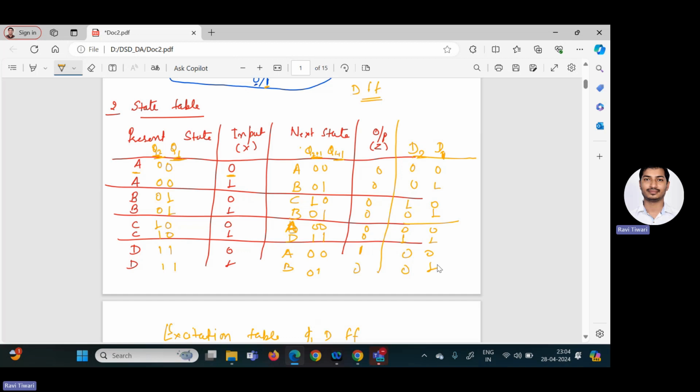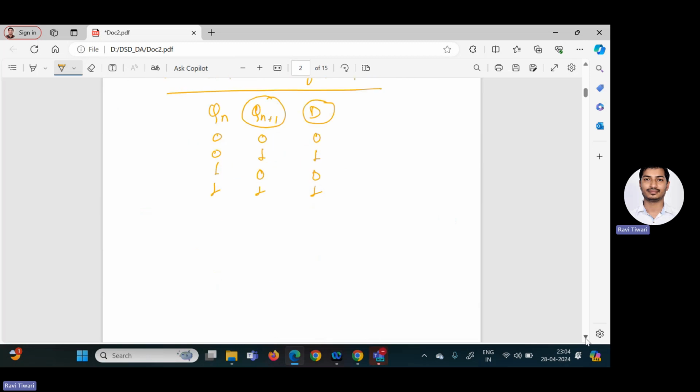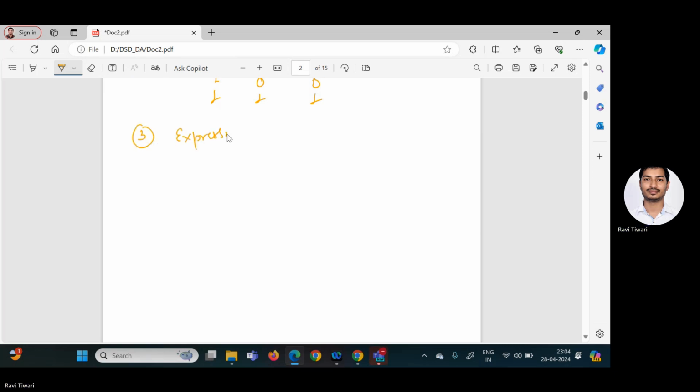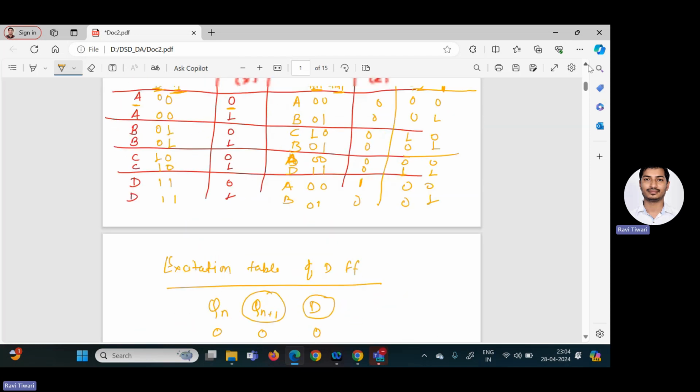So now we have all the values, but in the third step, we need to find out the expression for D2 and D1 in terms of Q2, Q1 and X. Okay, so now here you see how many input variables are there.